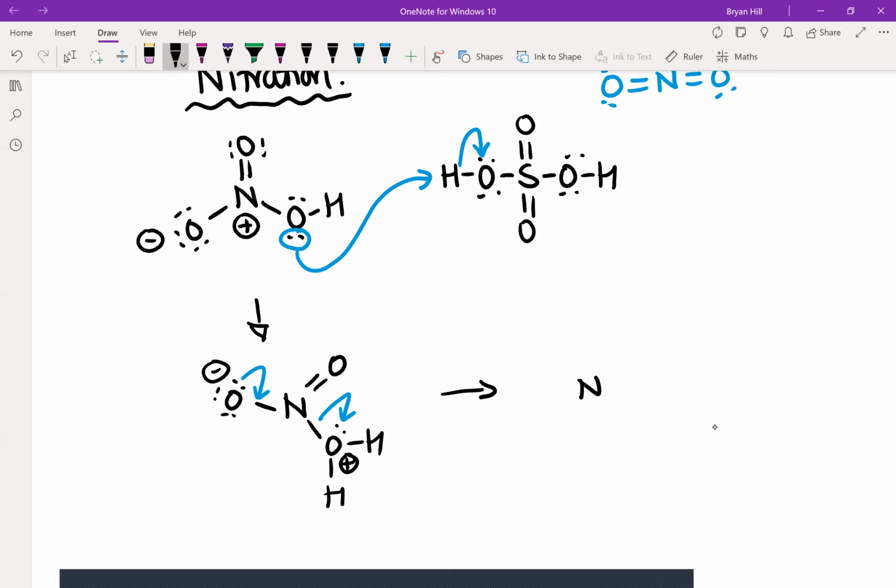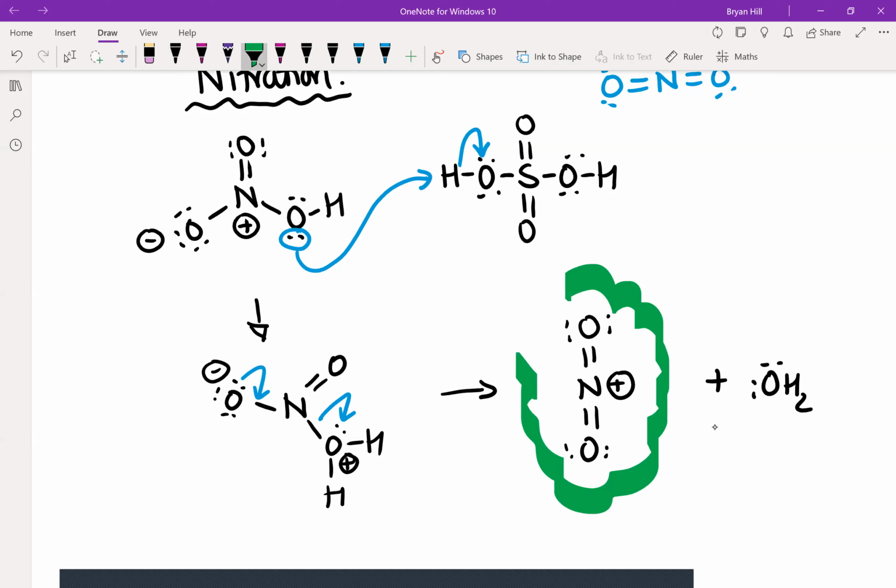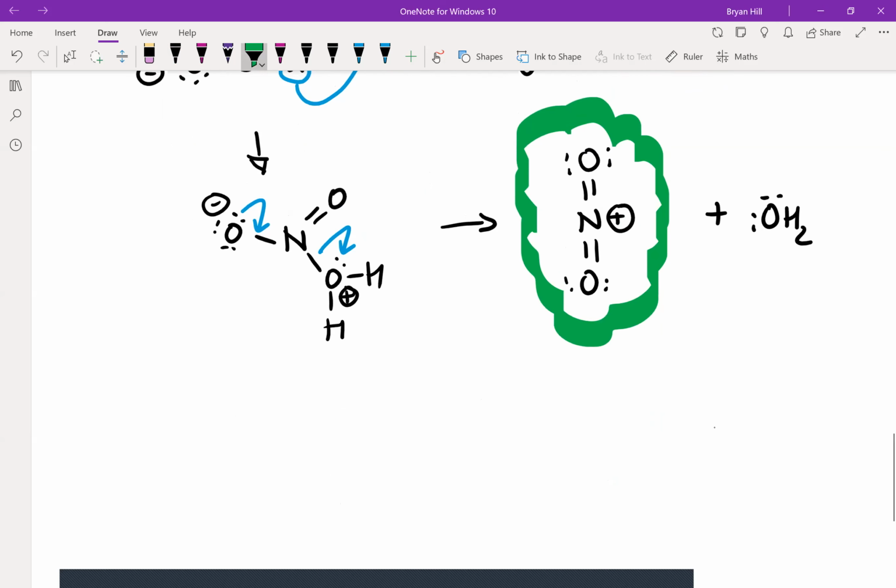And this gives us NO2 plus, and then plus water. And so this is our reactive electrophile. And when the aromatic ring attacks it, it can attack that nitrogen. So remember, the nitro group, when we draw it, is NO2. What does it look like? It looks like this.